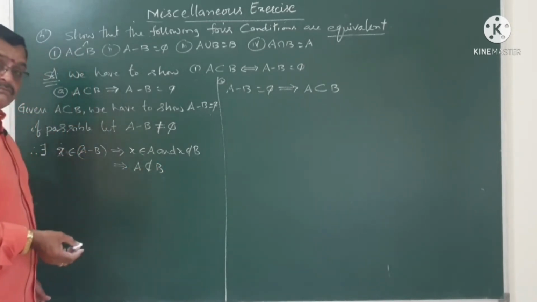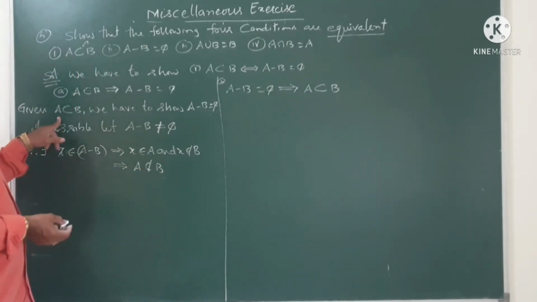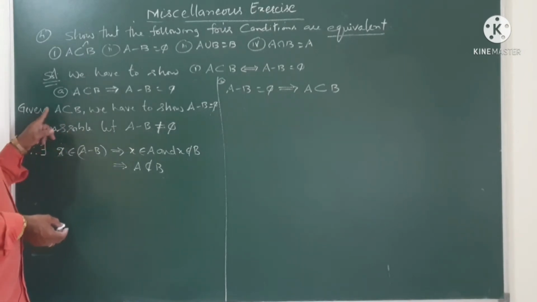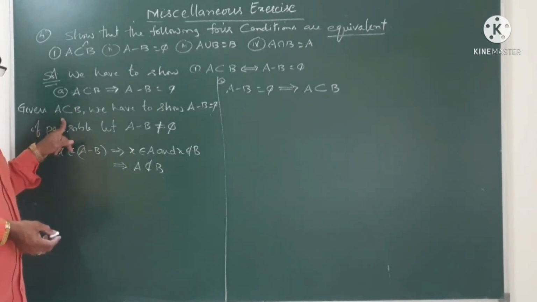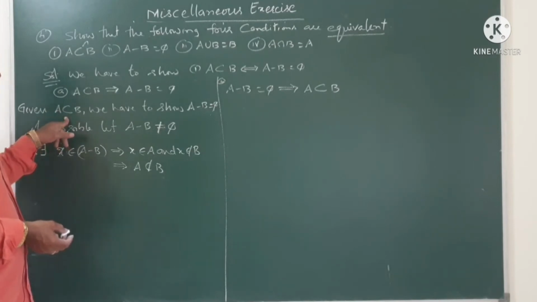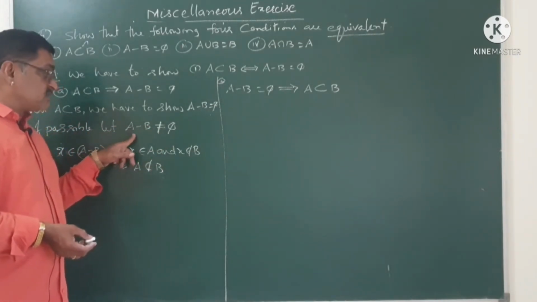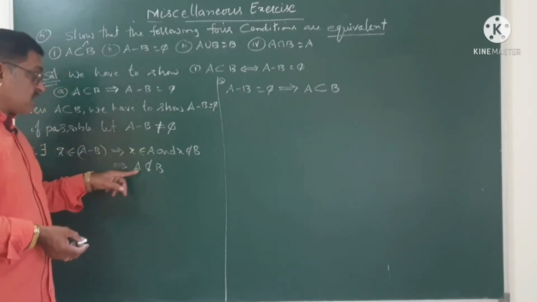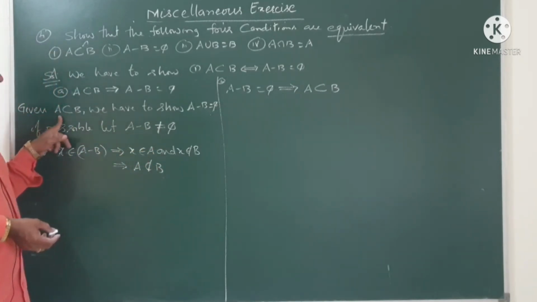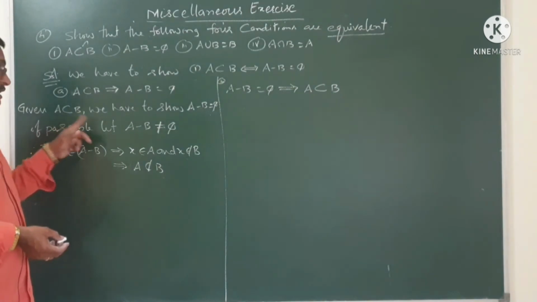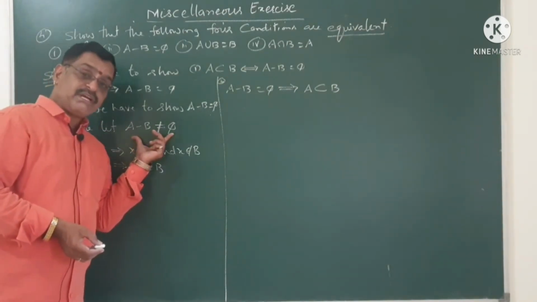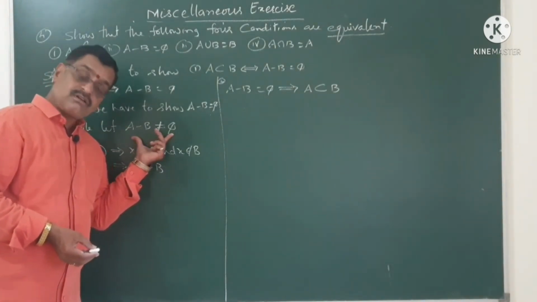But our assumption is A is subset of B. We assumed that A minus B is not equal to phi. So we got a contradiction to our assumption that A is a subset of B. Therefore, our assumption A minus B is not equal to phi is false.